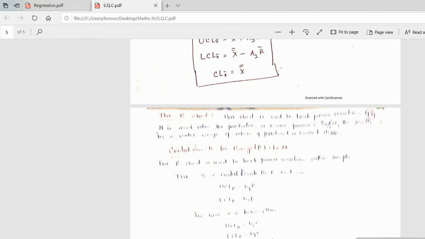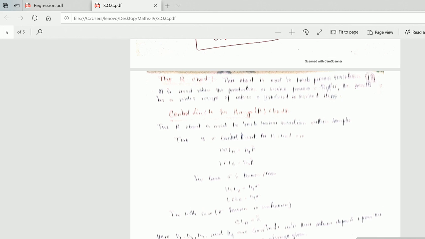The R chart. This chart is used to track process variation. It is used when the variation in the production or service process is higher. This results in a wider range of values of produced or serviced items. Now, control limits for R chart.